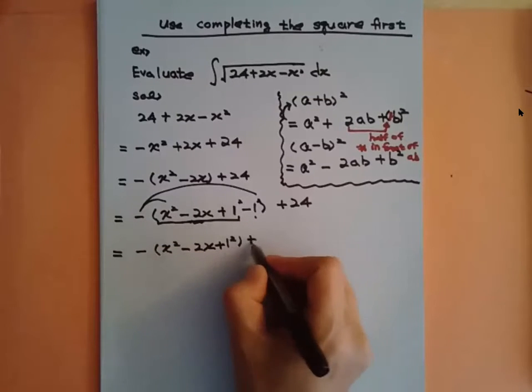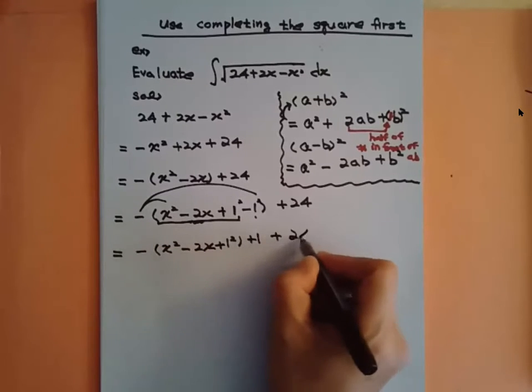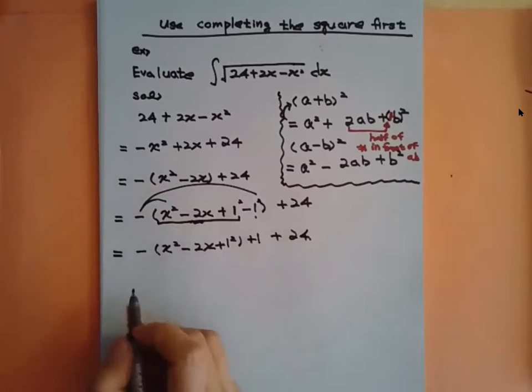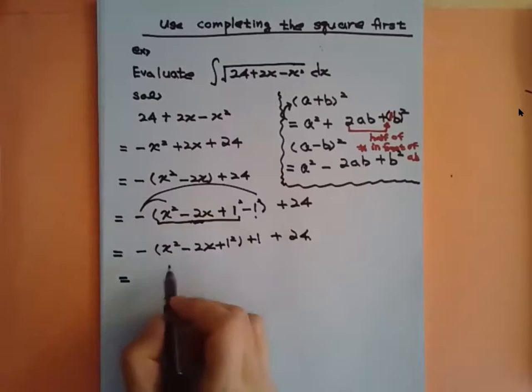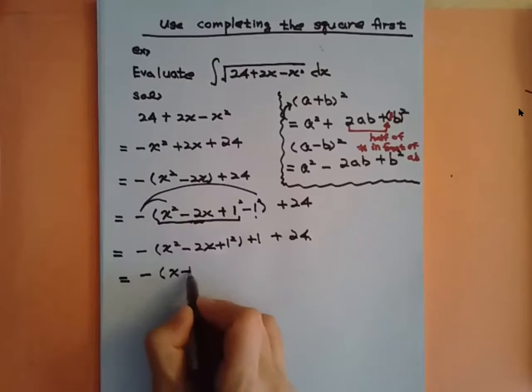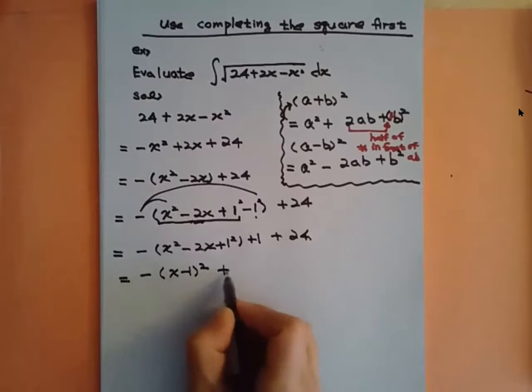So plus 1 plus 24. So that becomes minus x minus 1 squared plus 25.